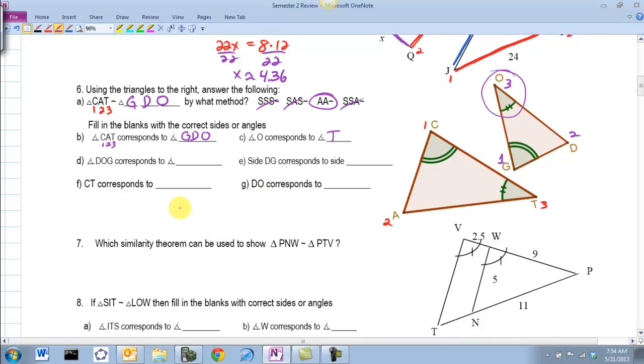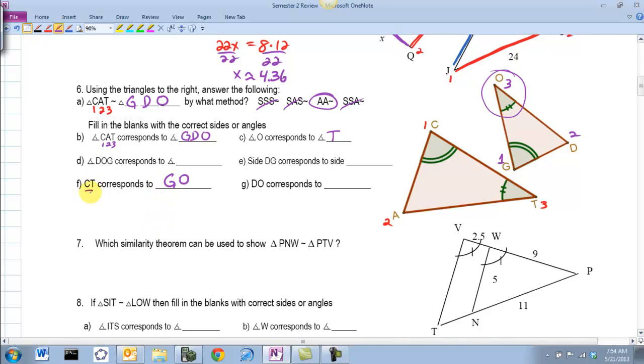And I'm going to do one of these 3 down here, E, F, G. Let's see, I'll go with letter F. CT, which is going from the number 1 to the number 3, means that I need to go from the number 1 to the number 3. I would take GO as probably the easiest answer.